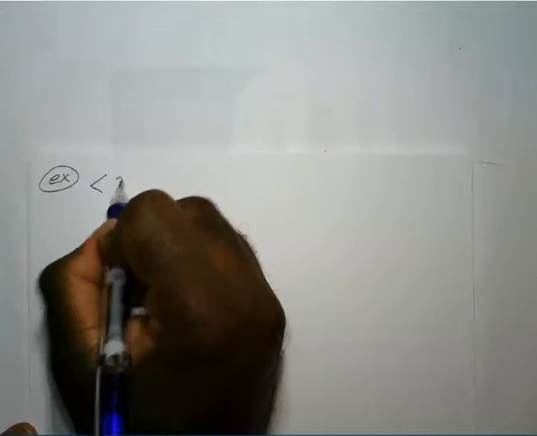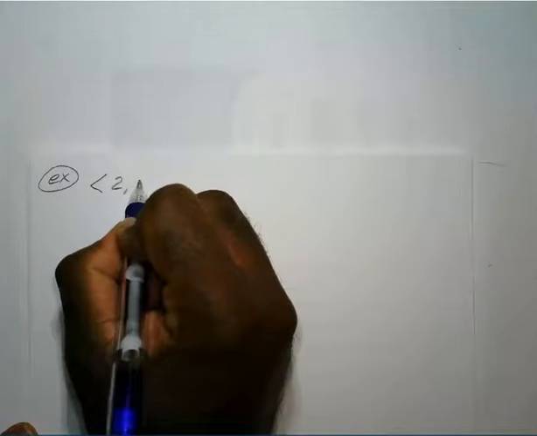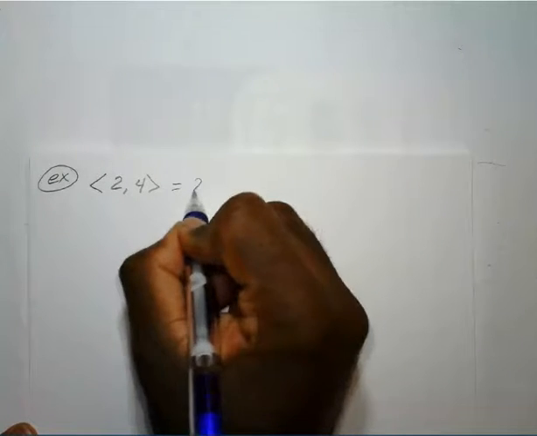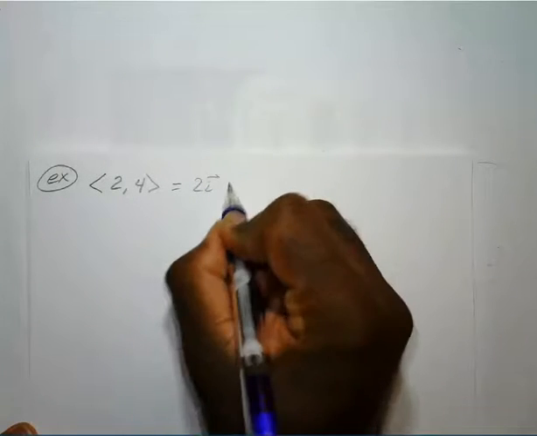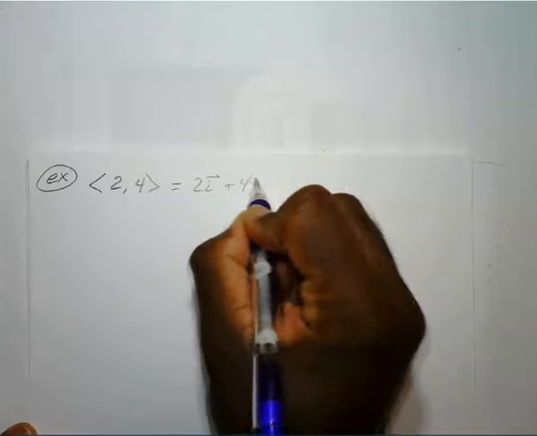So what that means is that, for example, if we have the 2-dimensional vector (2, 4), we can write that as 2i plus 4 times the j vector.